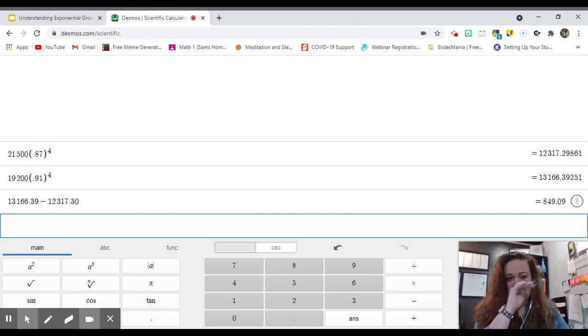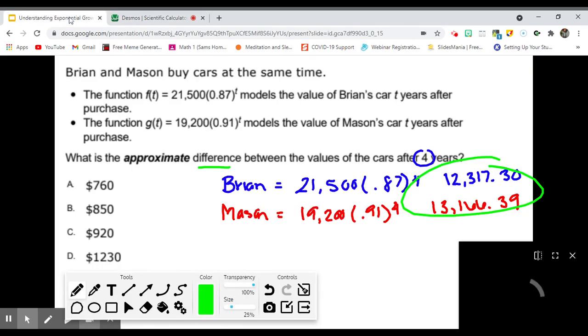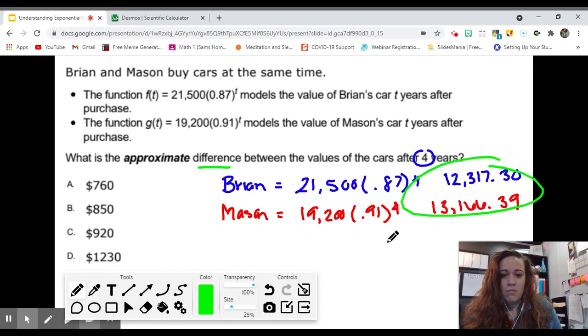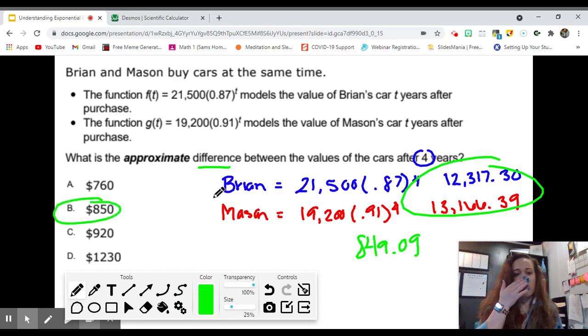That value is 849.09. The closest value to that is going to be B, $850, and I'm going to go with that one.